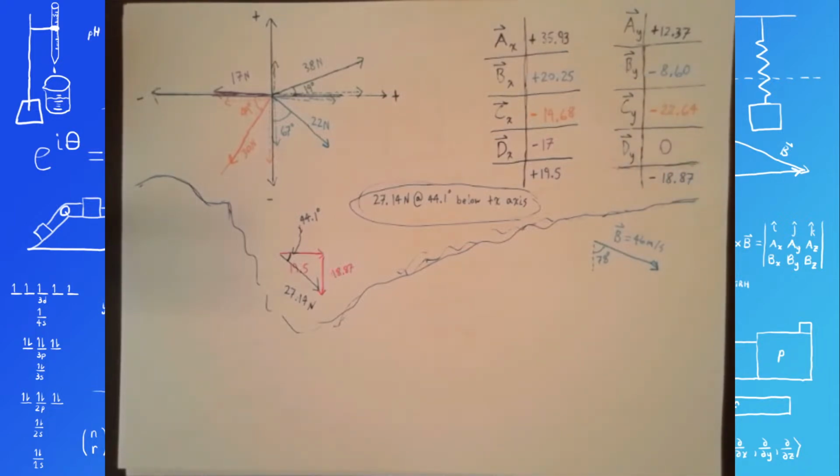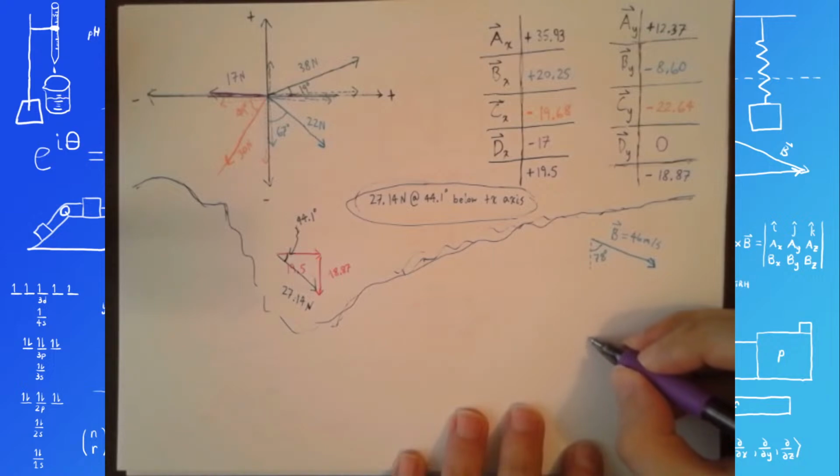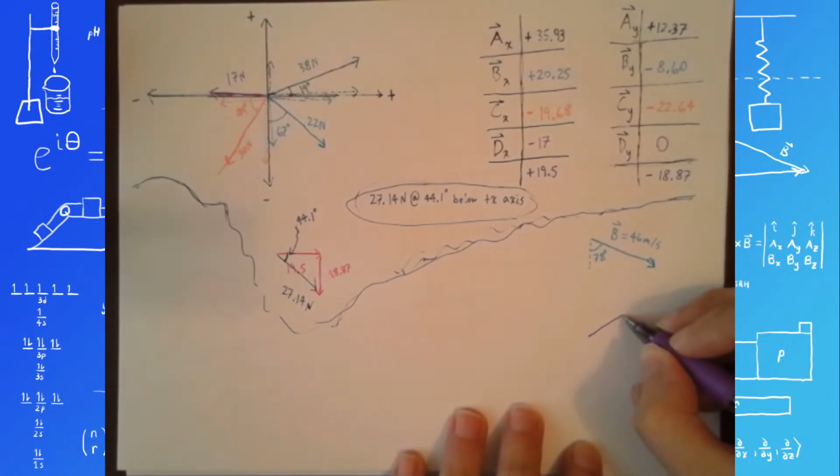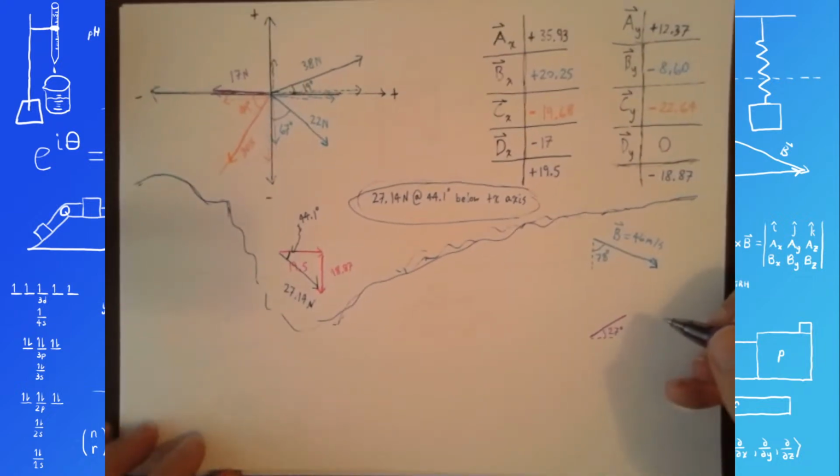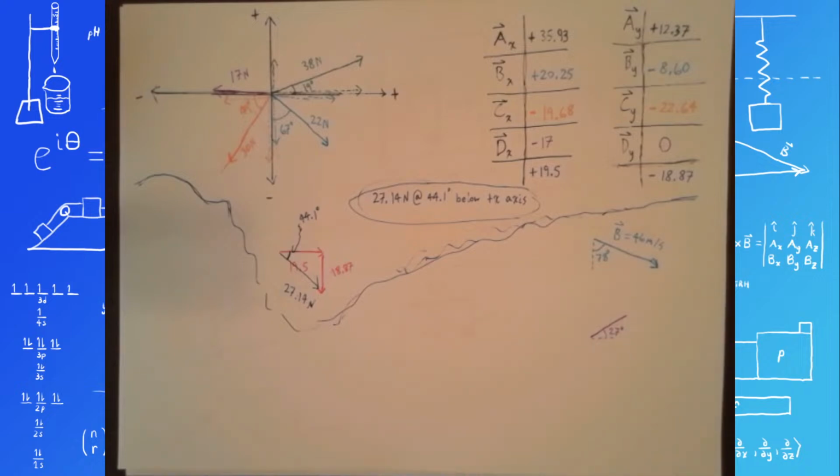And then vector C, no, vector D is the other one here. So we want vector D, which is the purple one, 27 degrees above the positive x direction. So it looks something like this. 27 degrees. And it's 38 meters per second, so it's almost the same length as this one. Actually, let me use my ruler for this.